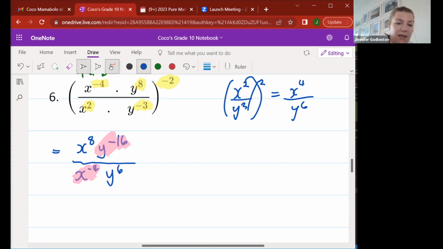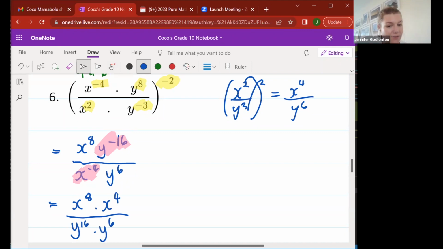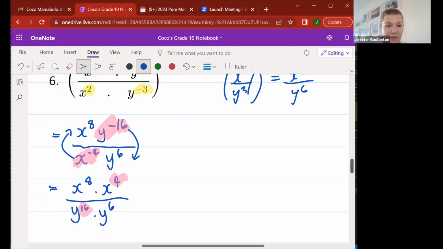So that's the same as x to the power of 8 times x to the power of 4 over y to the power of 16 times y to the power of 6. All we've done is take this negative and move it to the bottom, and take this negative and move it to the top so that they became positives. And then our last step would just be to simplify.